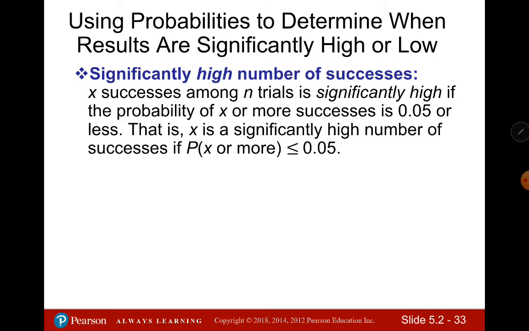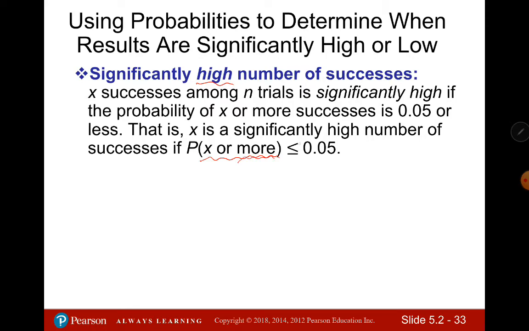Of course, we can always use probability to determine whether a value is significantly high or low. Remember, just like I said, it's not the single value's probability. It's the probability of several values, the sum of several values. So make sure you know that if it's high, then it's x or more.